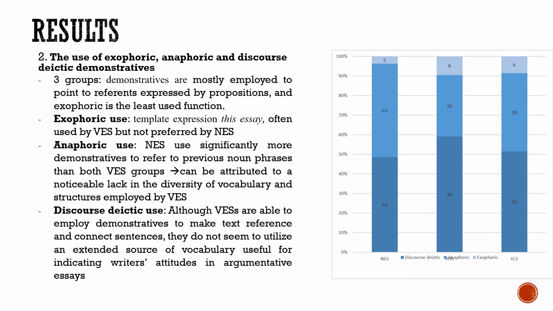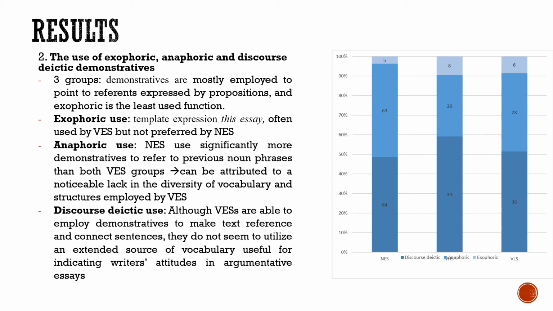For the anaphoric use of demonstratives, native English speakers use significantly more demonstratives to refer to previous noun phrases than both Vietnamese English speaker groups. And this can be attributed to a noticeable lack in the diversity of vocabulary and structures employed by Vietnamese English speakers.